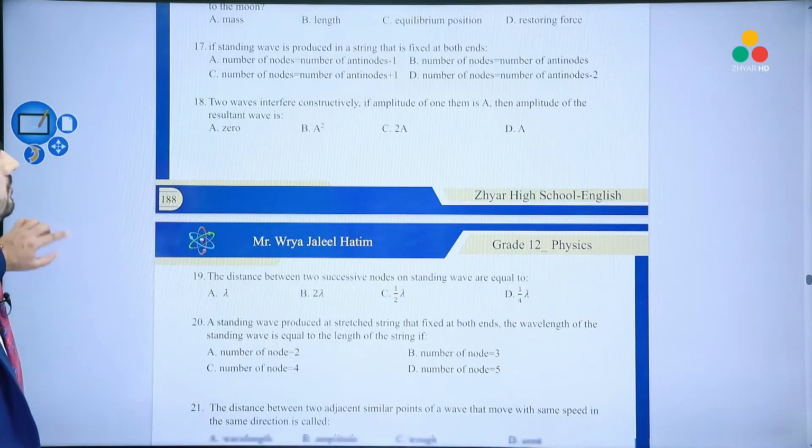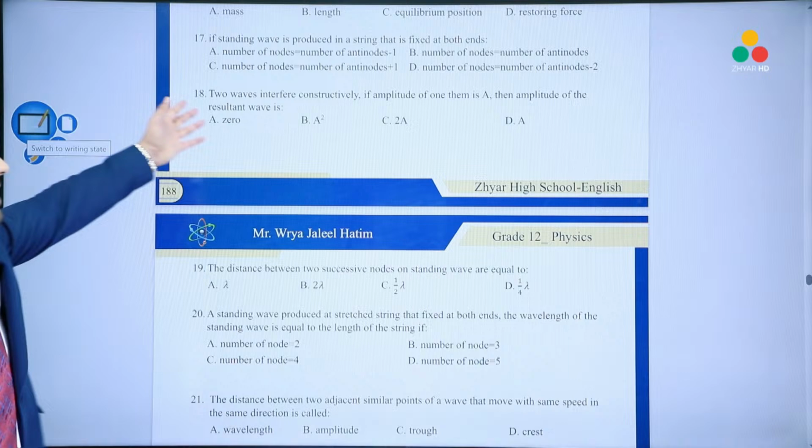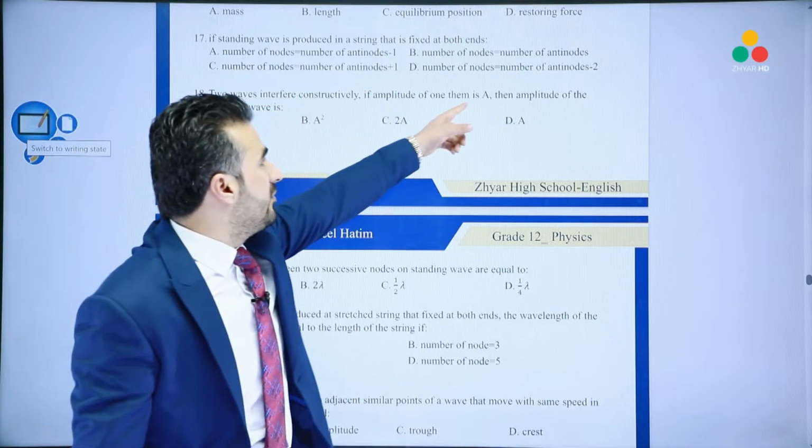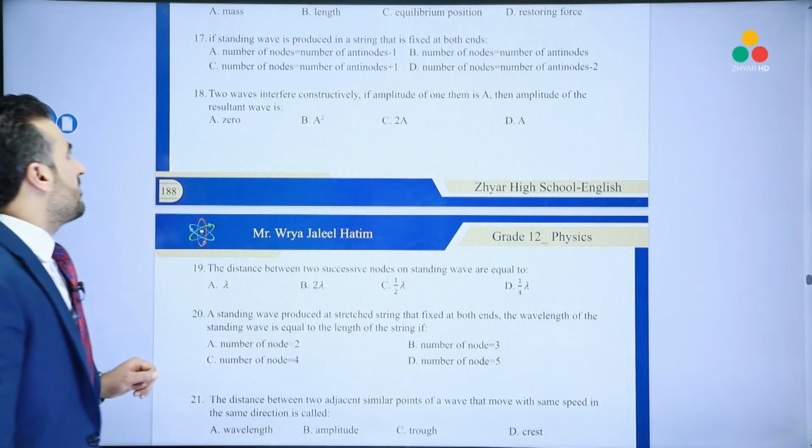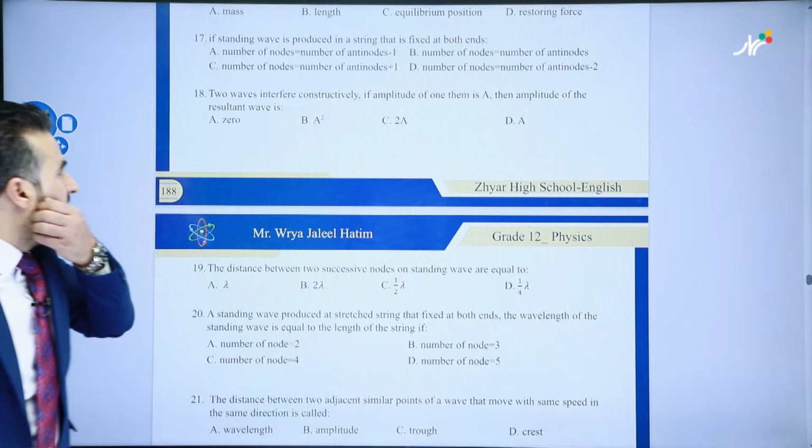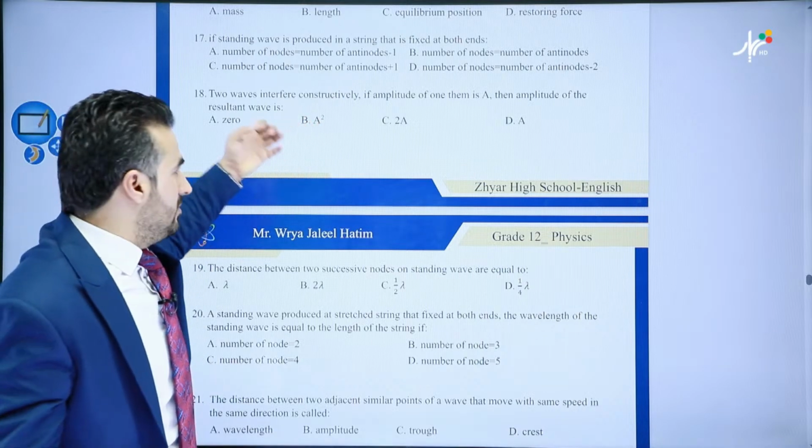It's easy. Okay. Two waves interfere constructively. If the amplitude of one of them is A, then the amplitude of the resultant wave is, what is it? Can we say A squared? No, that is not true.